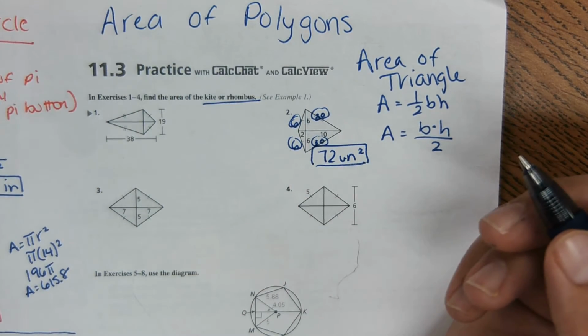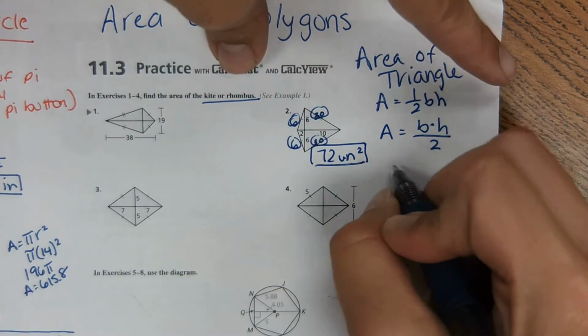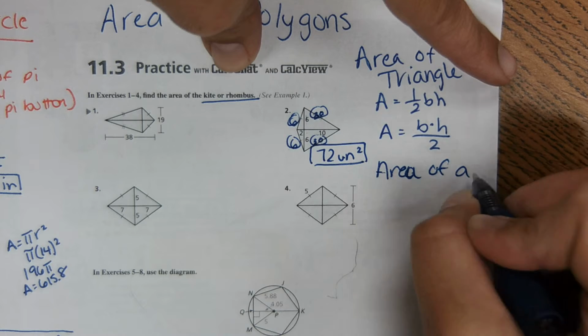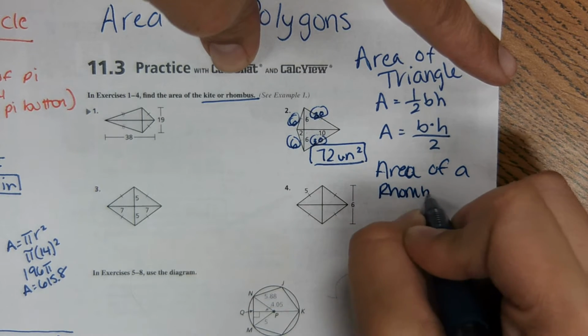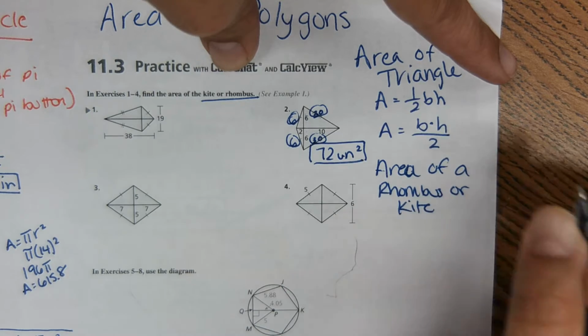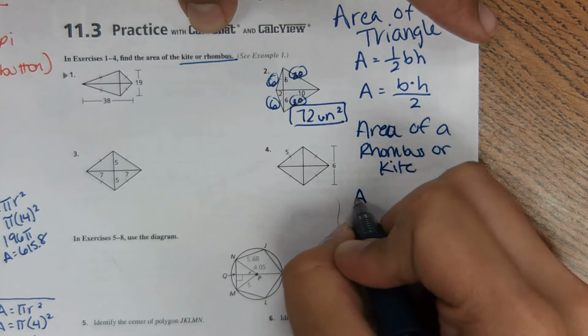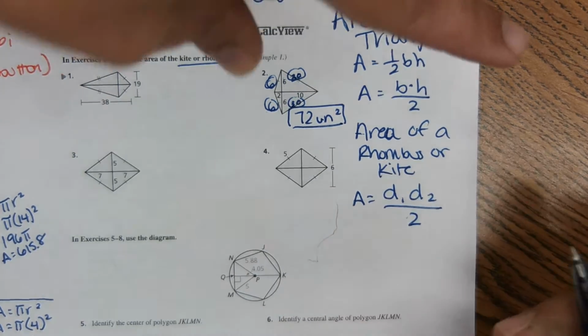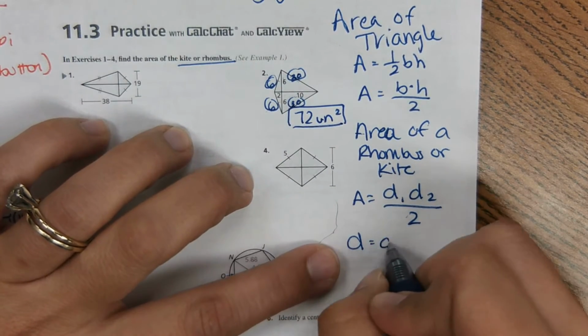But there's also a shortcut way where we can use an equation. So for the area of a rhombus or kite, we can use this equation. Area equals diagonal 1 times diagonal 2 divided by 2. So D stands for diagonal.